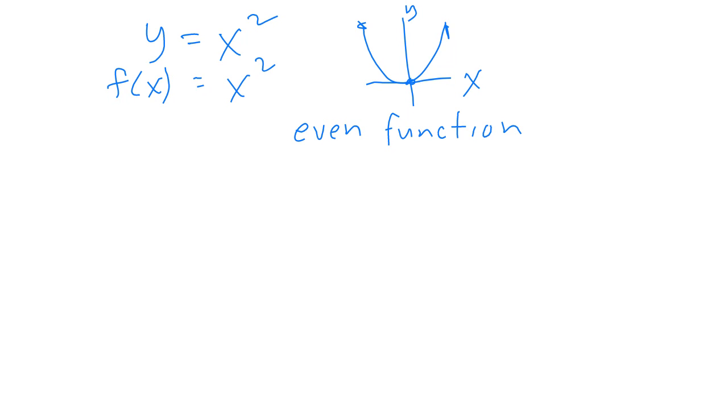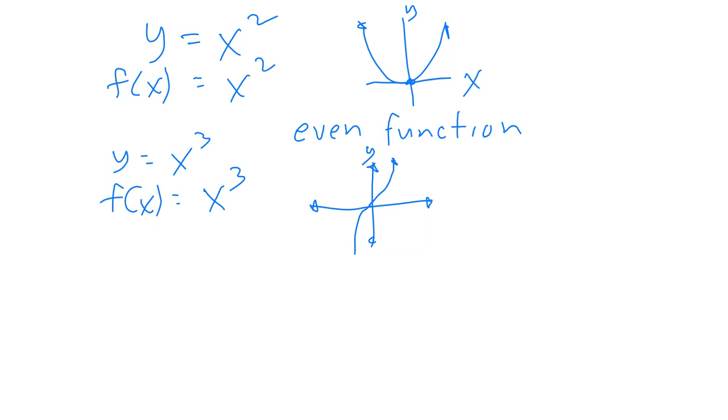The other one is y is equal to x cubed, and f of x is equal to x cubed, and then you have the graph of a cubic curve. It's symmetrical to the point of origin. So this one is an odd function.